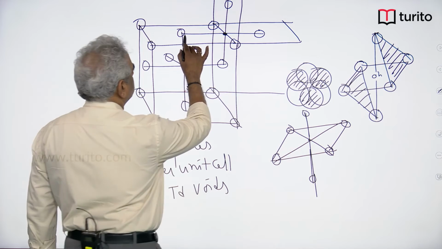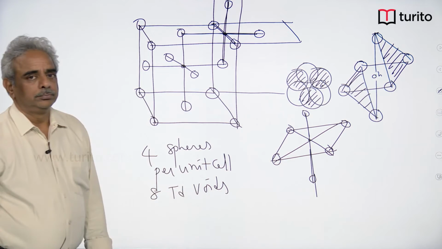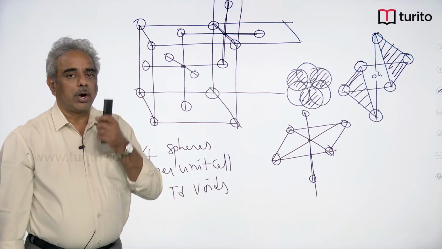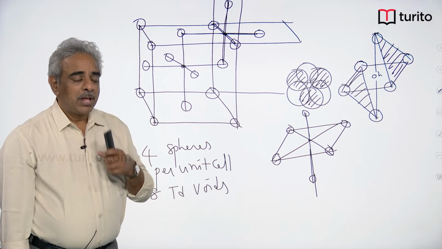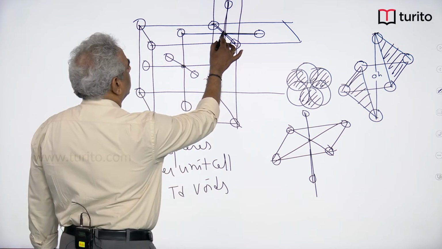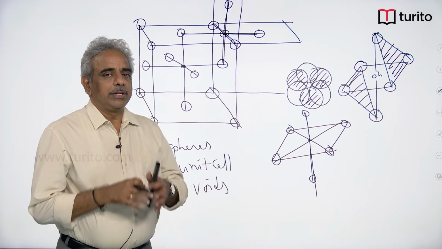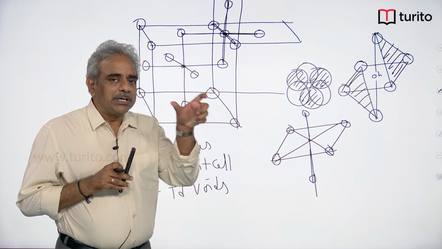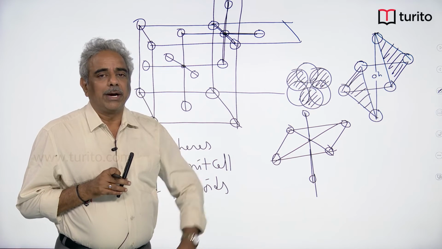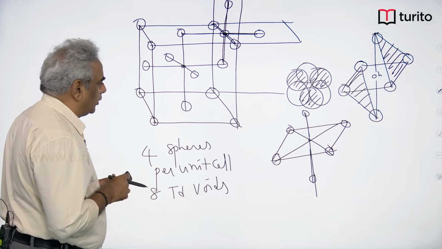See, left and right, back and front, top and bottom. So I can now call this also an octahedral void. Where is this located? It is located in the middle of the edge of the unit cell. So in the FCC unit cell, every edge center is an octahedral void. I think I can give this in a neater manner.